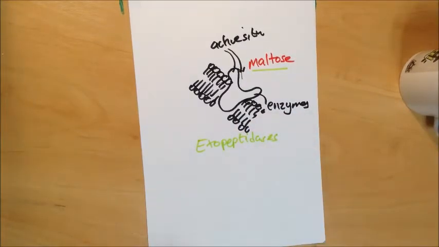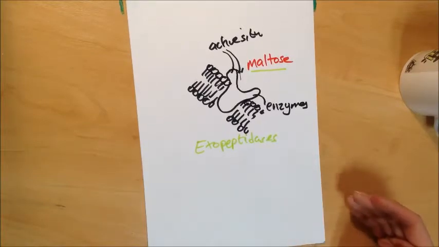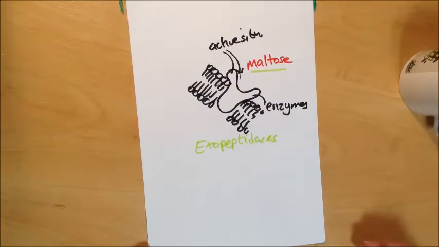And those enzymes, exopeptidases, they break peptide bonds between amino acids, and they finish off the digestion of protein. So then when you've got amino acids and you've got glucose and you've got fatty acids and glycerol, then they can diffuse across these cells and then be transported either by the capillaries or the lacteal, which is contained in the villi.